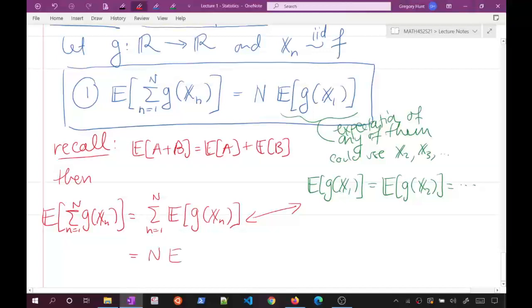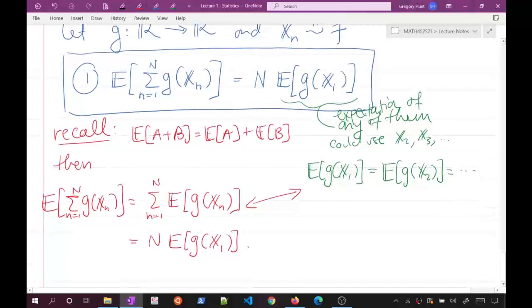So it's n times the expected value of g of x1. Again, x1 or x2 or x3 doesn't matter. Pick your favorite one. They all have the same expected value of g of them. The important point is that if I sum them up, the expected value of the sum of them is n times the expected value of any of them. And that's a proof.